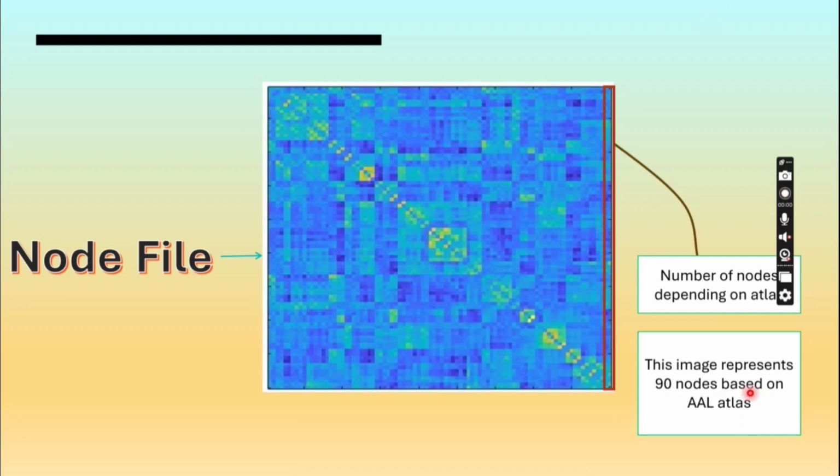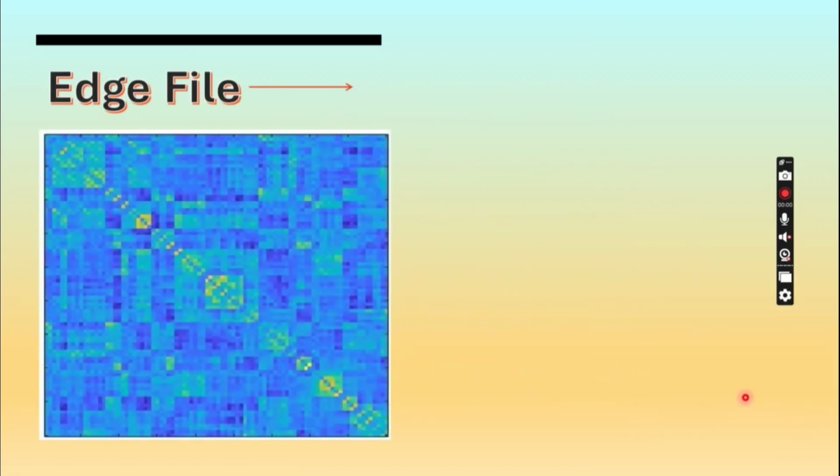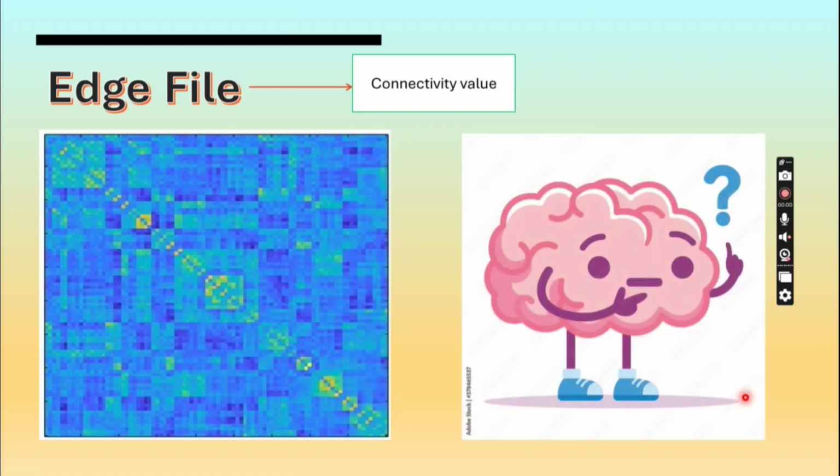This figure shows 90 nodes because it is based on the AAL atlas, which has 90 regions of interest. Then the edge file contains the connectivity values of your FC. It can be anything, the correlation or z-scores.